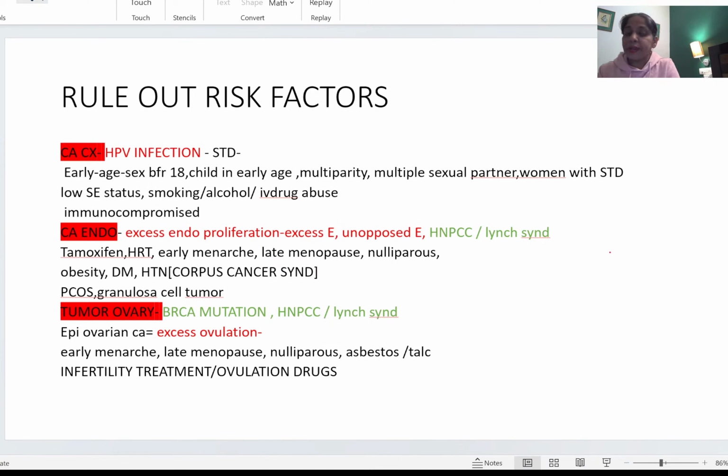Now let us go and rule out. We have studied that a patient of CA cervix comes to you with irregular bleeding, a CA endometrium patient comes with menometrorrhagia, and an ovarian tumor patient comes with an abdominal mass, a cystic tubo-ovarian mass.